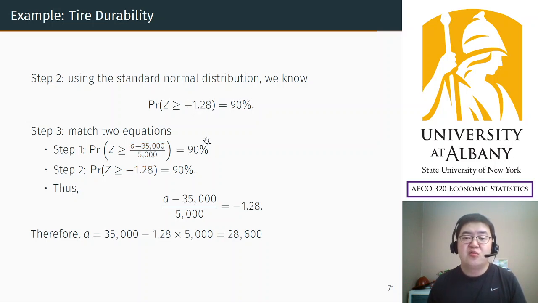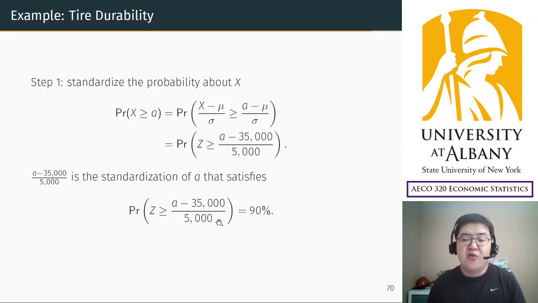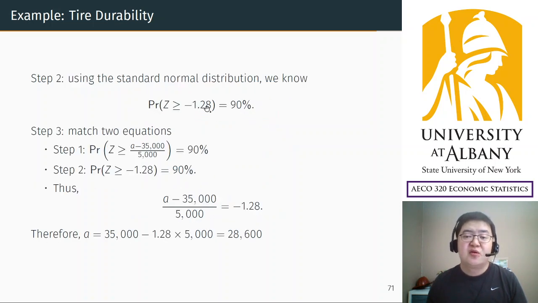This is the unknown part, and you have to find this part from the standard normal distribution information, like here in this case, its top 90% value, which is minus 1.28.